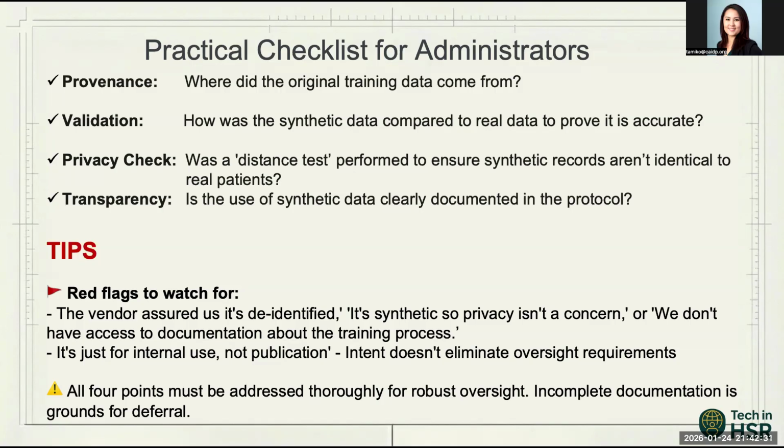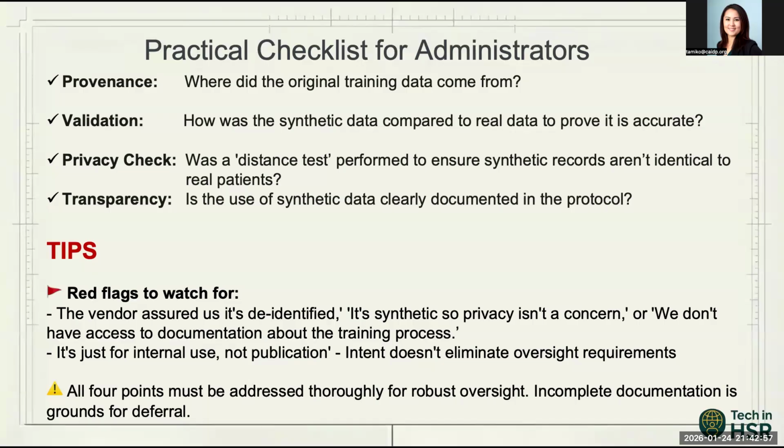And now some practical tips for applying the checklist. Just some red flags to look out for. Some common things that you might get told are, well, the vendor told us it's de-identified, or it's synthetic, so privacy isn't a concern, or we don't have access to the documentation. That's not going to be sufficient.